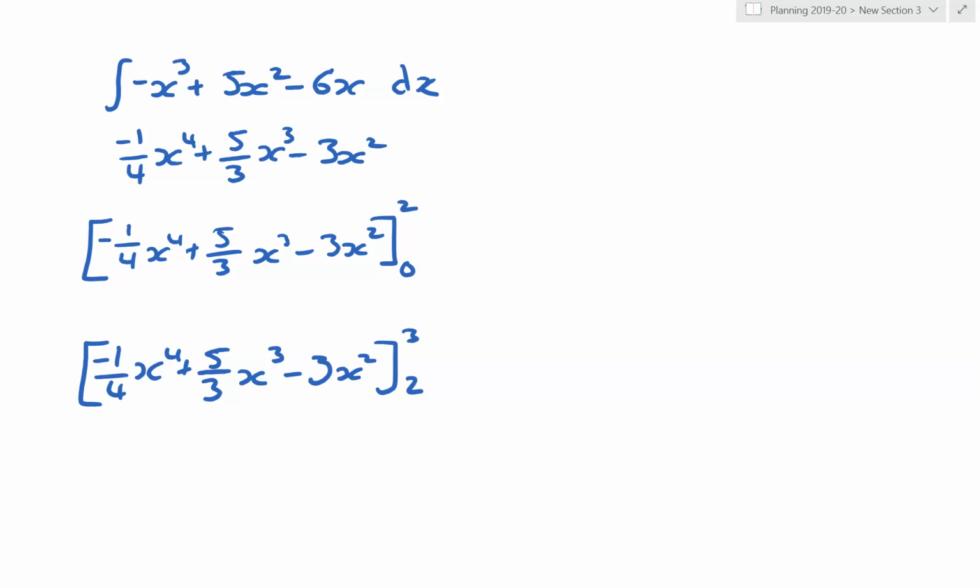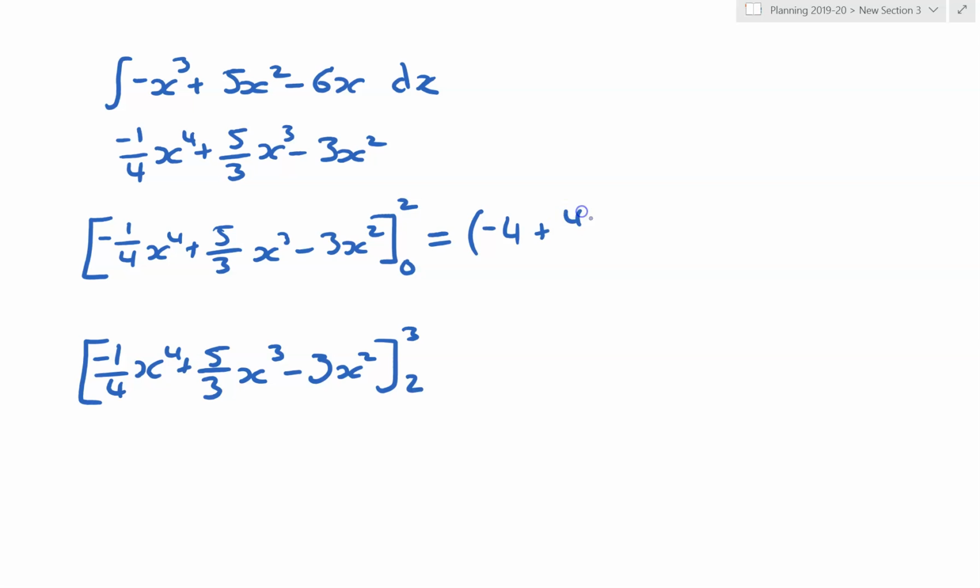Okay, so if we substitute the 2 in, we get 2 to the power of 4 is 16, divide that by 4 is 4, so -4. And then 5 times 8, so 40 over 3, take away 12. And when I sub the 0 in, all of those are going to be 0.